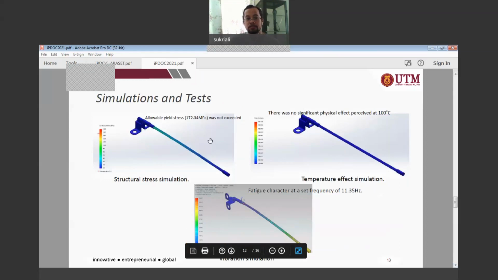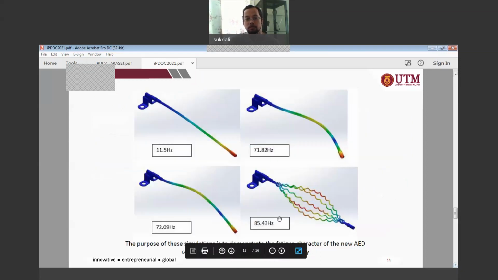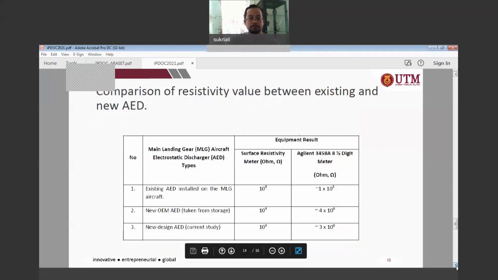When we did the simulation on structural, temperature, and vibration, we found that there is no deformation on the physical structure of the AAD. Only when we increased the vibration up to 84.43 Hertz was there deformation on the static wick. This is at very high vibration only.